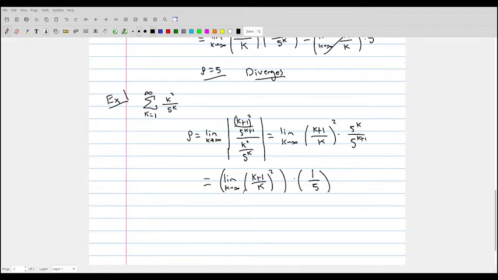And this limit you can show using L'Hopital's rule is equal to 1. So this is equal to 1/5, which is less than 1, which means that this series converges by the ratio test. So this is directly how we apply the ratio test.